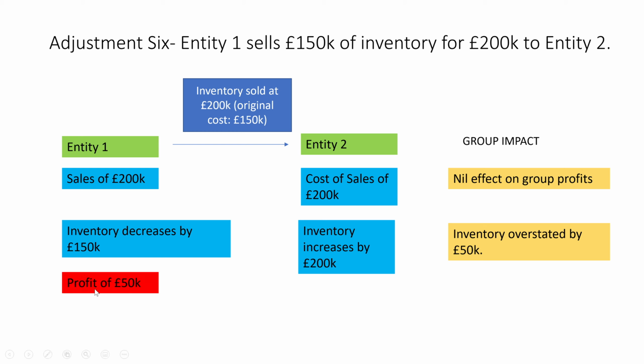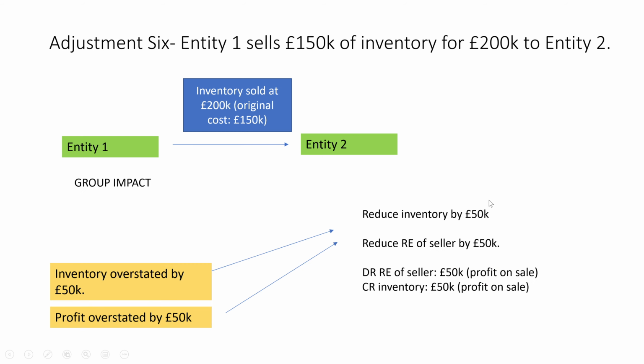It's making a profit of 50k from an intragroup sale, and that doesn't make sense at group level, because remember, we don't care what's happening on the inside for a group, we care about what's happening on the outside. So we're actually making an overstatement of profit of 50k. Right, so the inventory and the profit figure are overstated by the amount of profit that's been made.